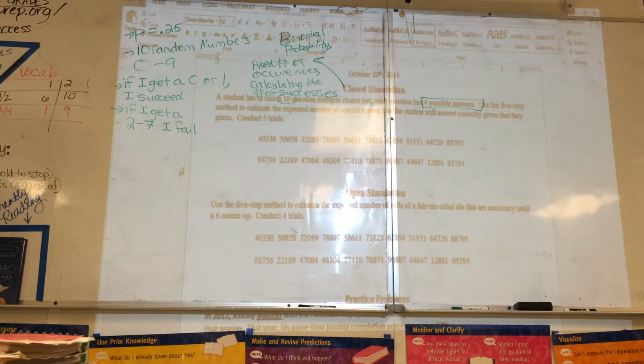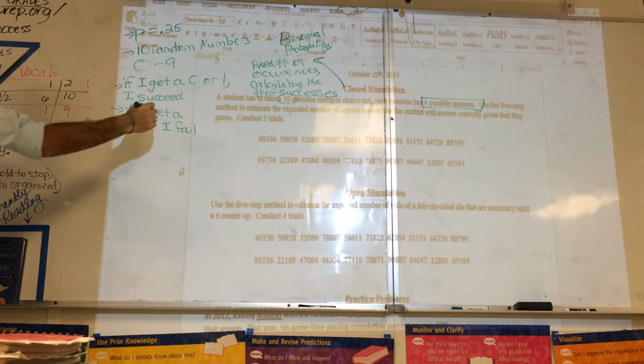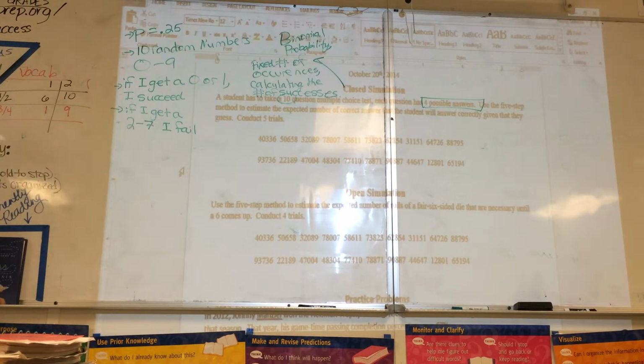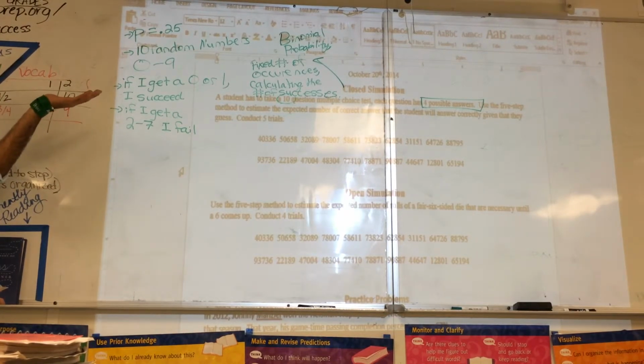So if I take the numbers from 0 through 7, 0, 1, 2, 3, 4, 5, 6, 7, there are 8 numbers, which means 2 of them should be a success and 6 should be a failure. 2 out of 8 is 0.25. Does that logic work?